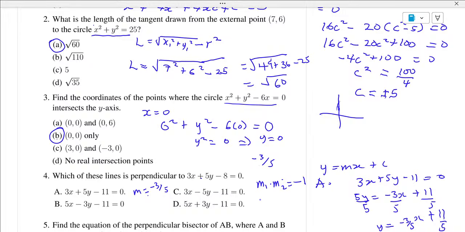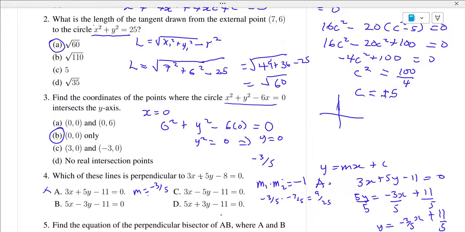So in our case here, if we have negative 3 on 5 times negative 3 on 5, what are we having? We are having positive 9 on 25, which is not true in our case. So A cannot be our answer.